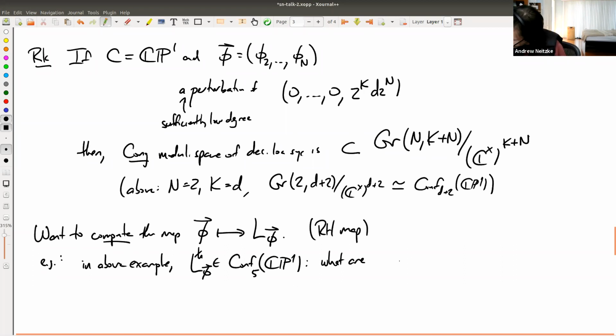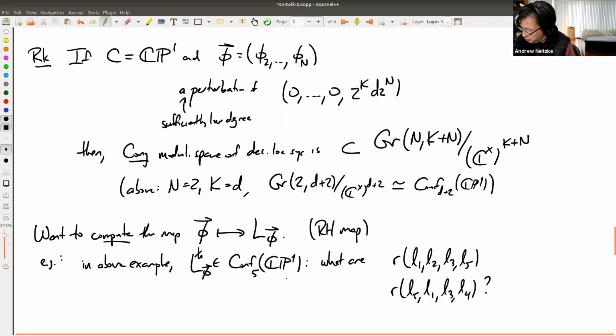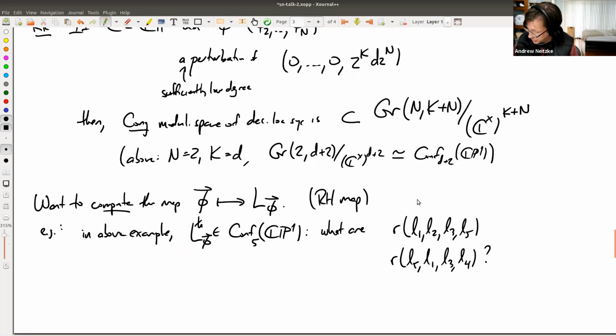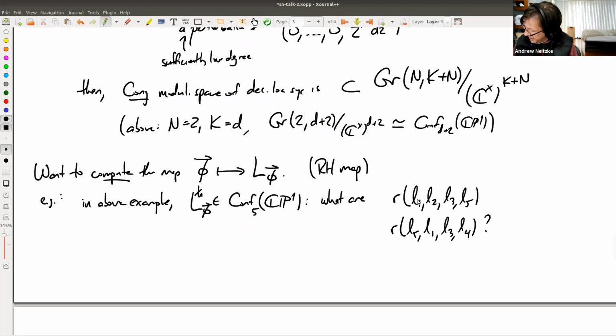One way to ask it would be to ask for some cross ratios. So suppose we ask for the cross ratio of the points L1, L2, L3, L5, and L5, L1, L3, L4. Those two cross ratios would give you coordinates on Conf 5 of CP1. So we could ask, what are those two cross ratios? That's what we want to calculate as a function of this parameter Hbar. Okay.